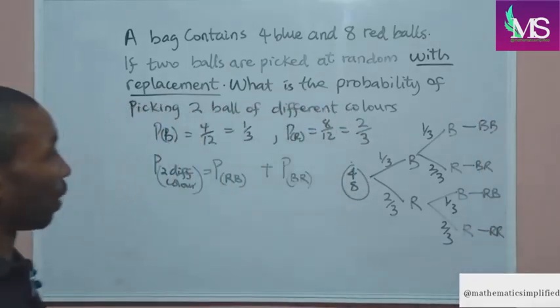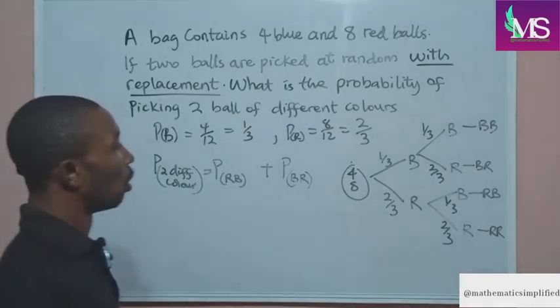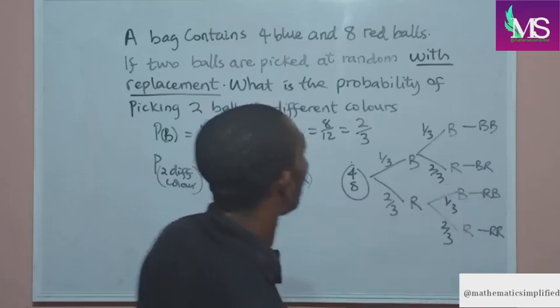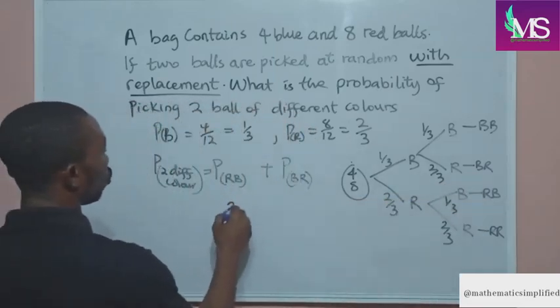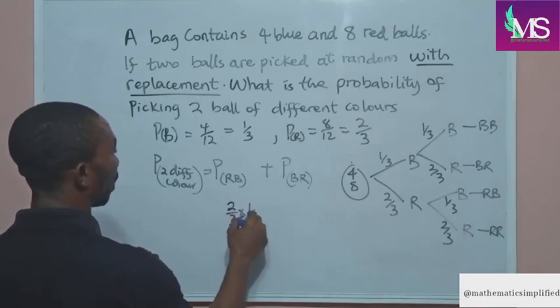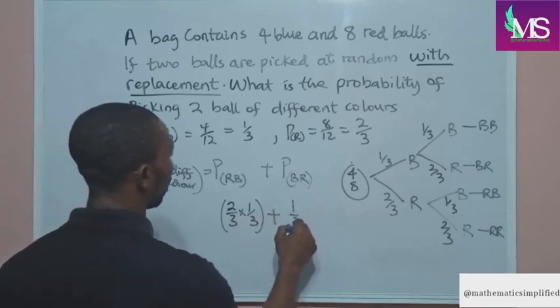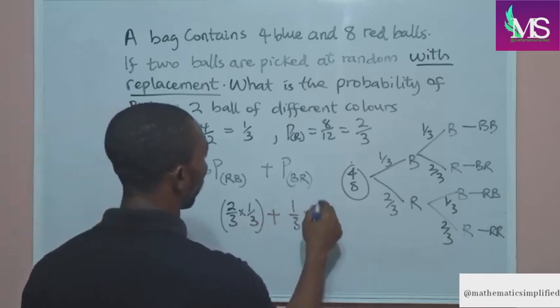So the probability of picking a blue and a red, or a red and a blue, will become 2 over 3 times 1 over 3, plus 1 over 3 times 2 over 3.